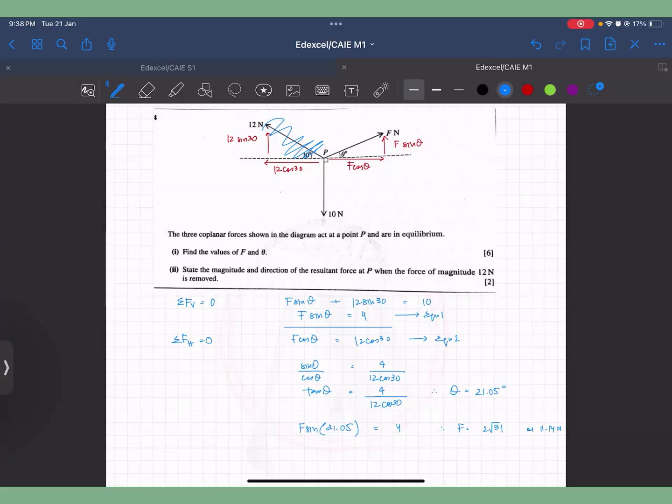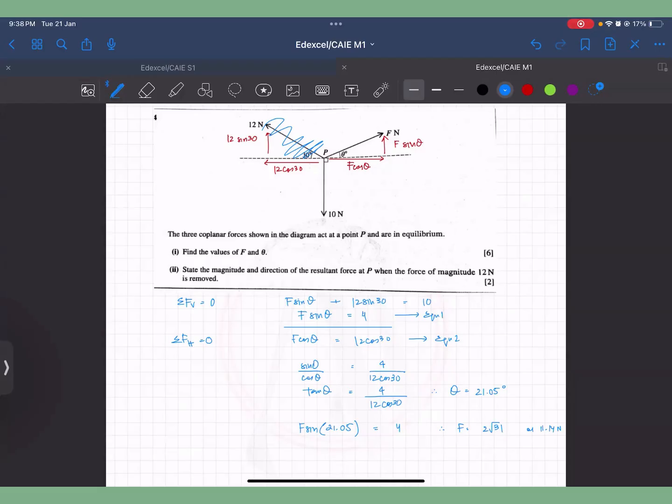Nuba, Nadia, anyone? It would be 12. The resultant force of the F and 10 Newton would be 12 Newton, but in the opposite direction.